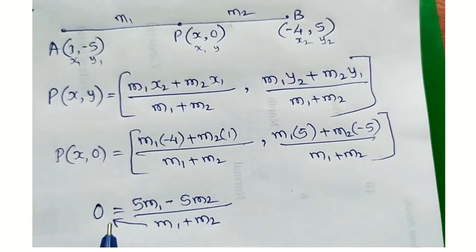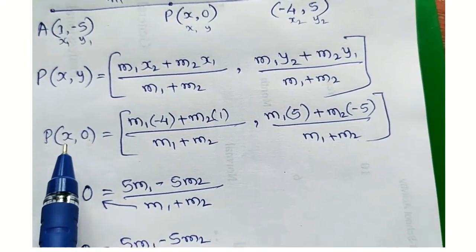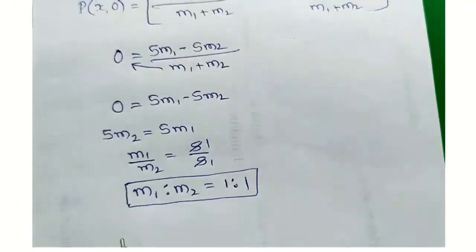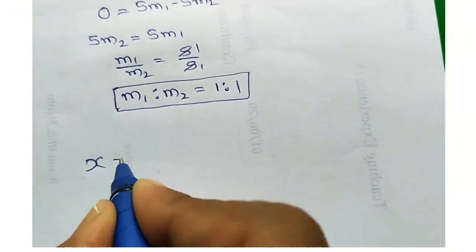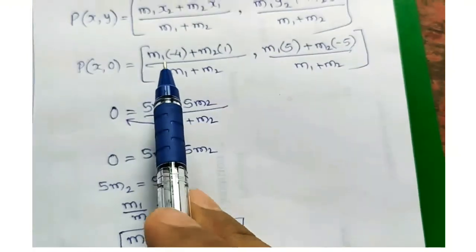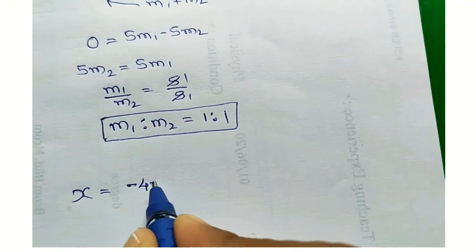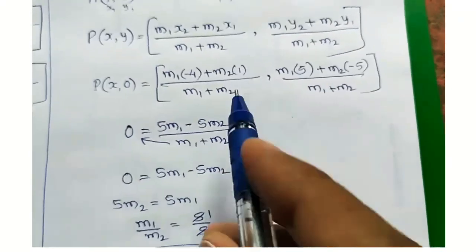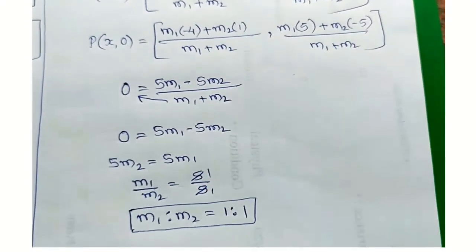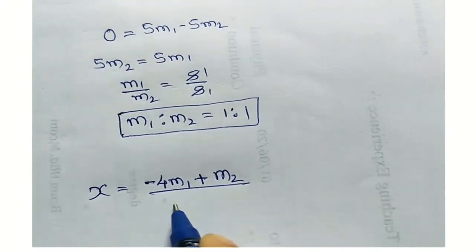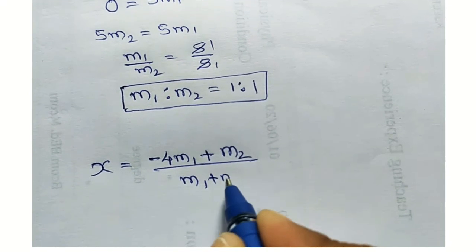And we have to find the x value also. So equate the x value with the first formula. So that will be x equal to m1 into minus 4, it will be minus 4 m1. Next m2 into 1, that will be plus m2 divided by m1 plus m2.